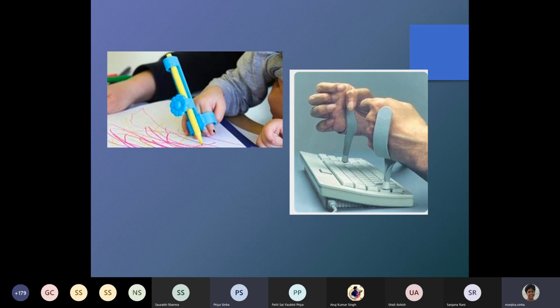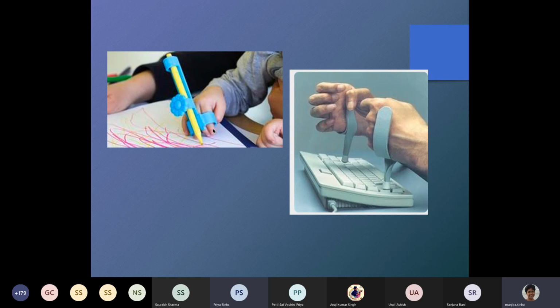So these pencil grips, if you 3D print them in bulk, you can also customize them, and they are not that costly. We have spoken to a number of disability organizations that run schools for children with cerebral palsy and children with autism, and they have said they need to import these pencil grips.